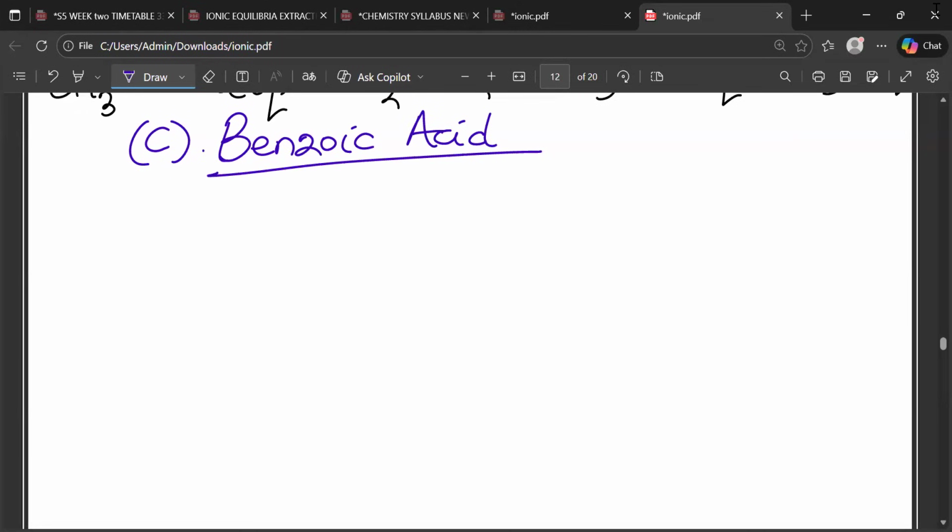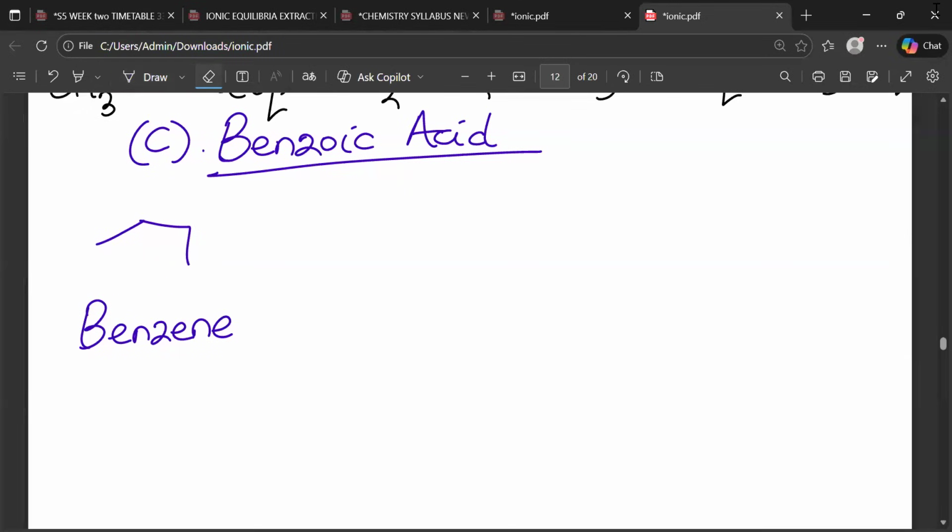So you people look here. Benzene is like this. That's the benzene.